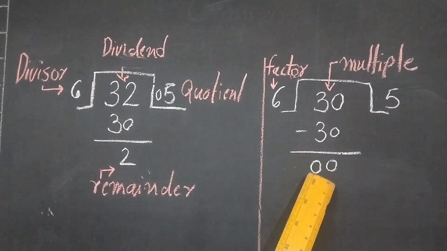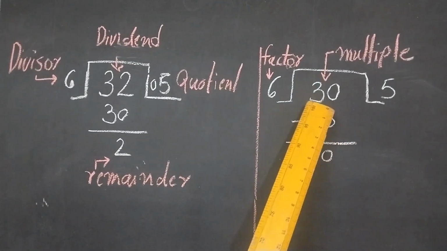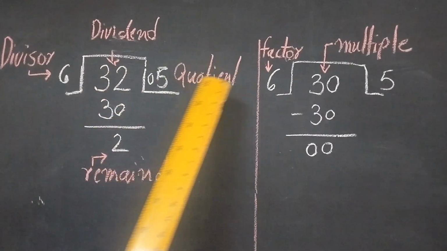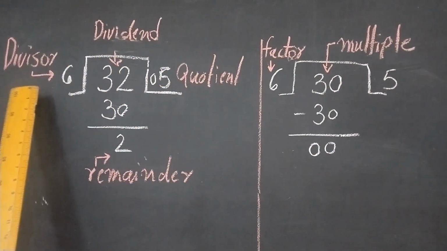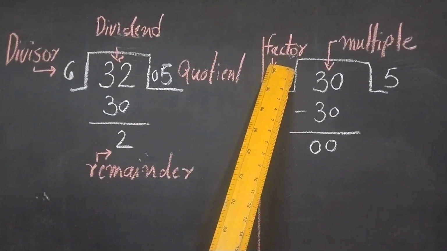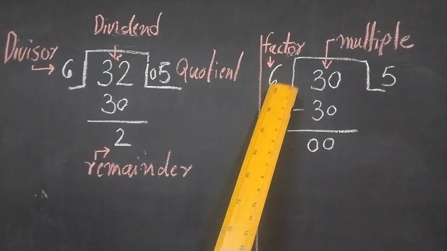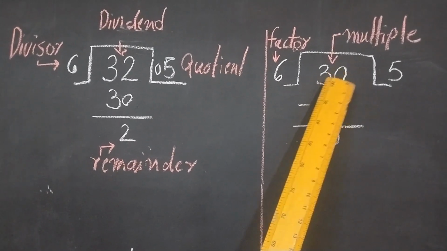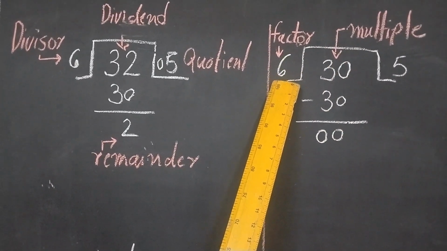So whenever there is no remainder after the division, this middle number, which formerly was called the dividend, is now called a multiple, and the former divisor turns into a factor. So, in a nutshell, we can say that 6 is a factor of multiple 30, or multiple 30 has one factor, 6.